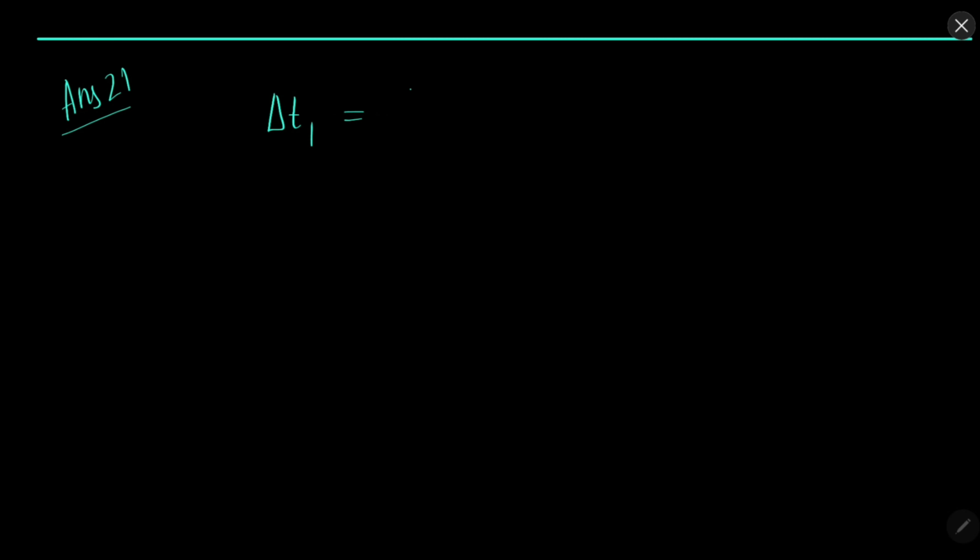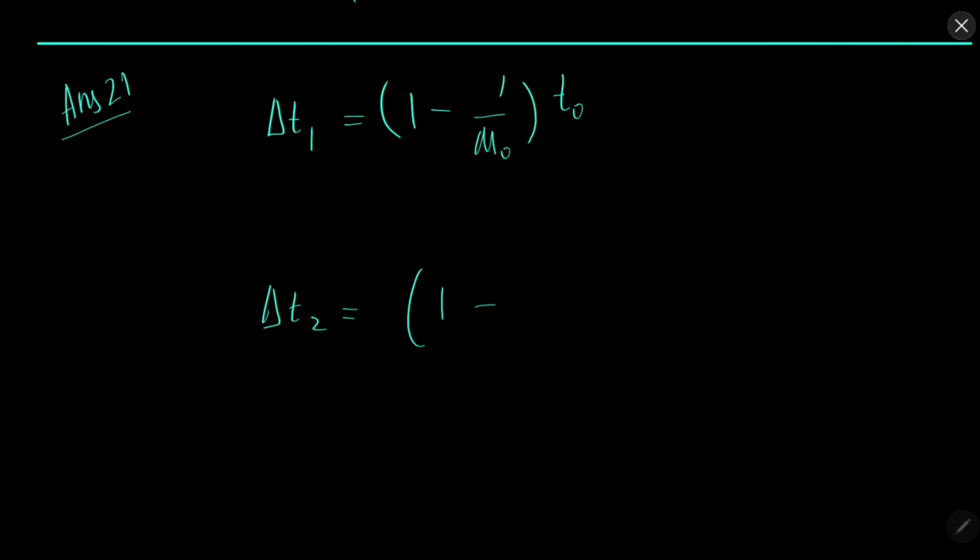So del T1 will be 1 minus 1 over mu naught into T naught, and del T2 will be 1 minus 1 over mu W into TW.